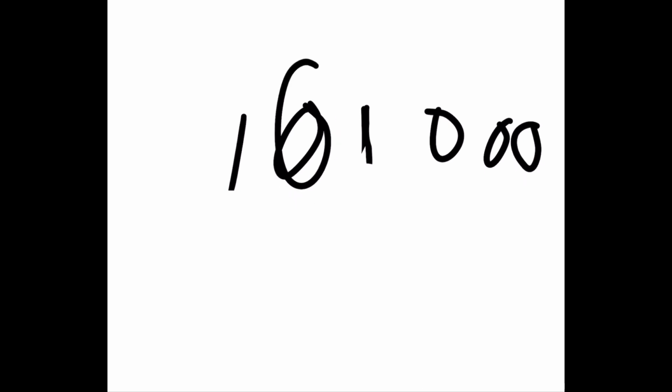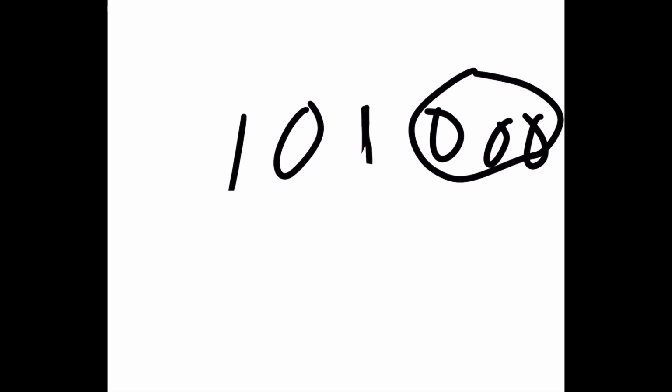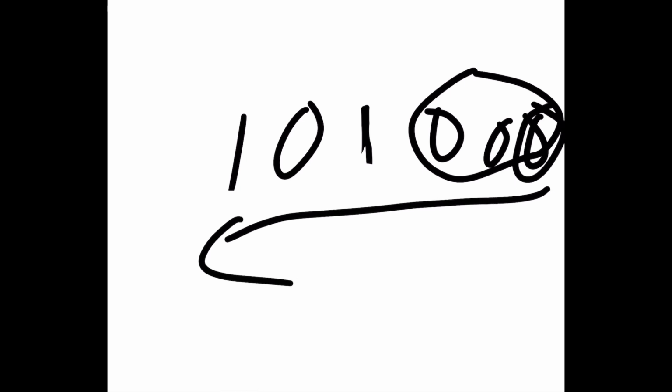If it is sticking to another number like this, and the most right-hand side number is not the first zero from right to left, then you just read them all as "and."